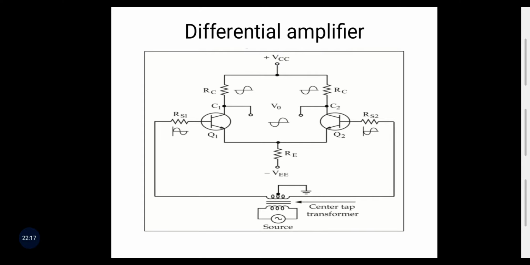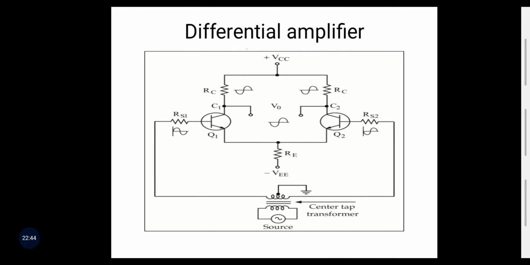So both signals cancel each other. The resultant current or voltage across RE is equal to 0. There is no signal coming to RE, but positive or negative voltage signals appear across the collectors of both transistors.